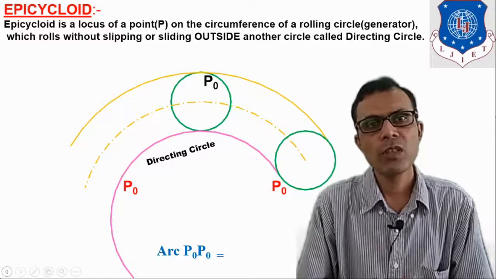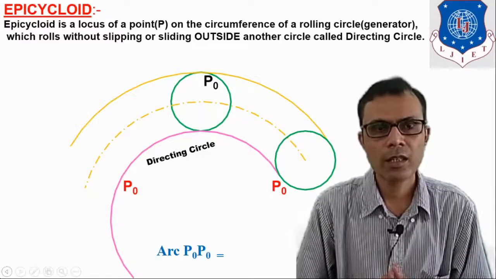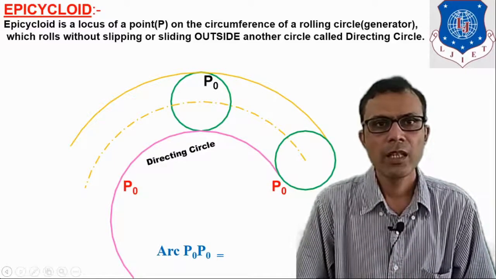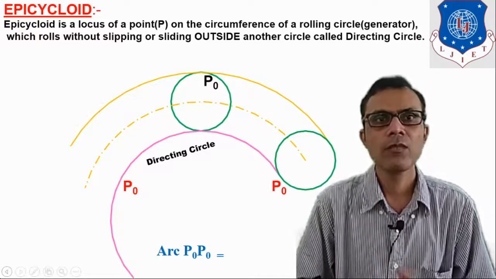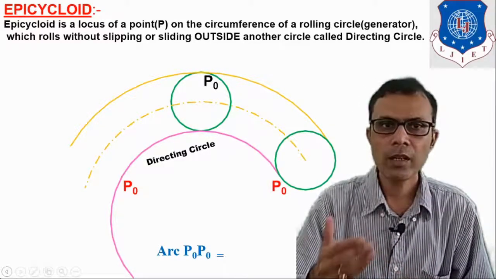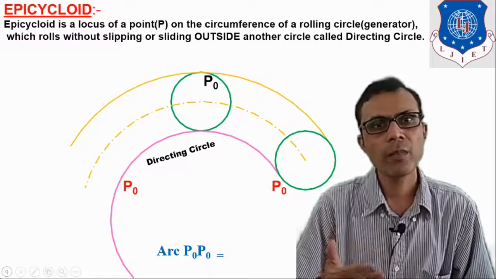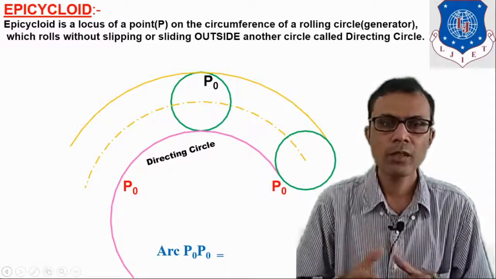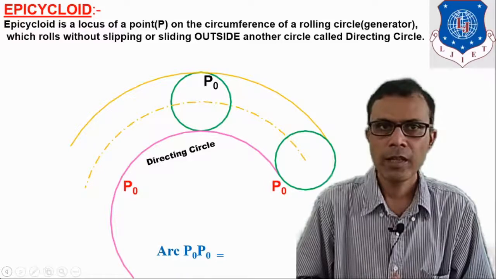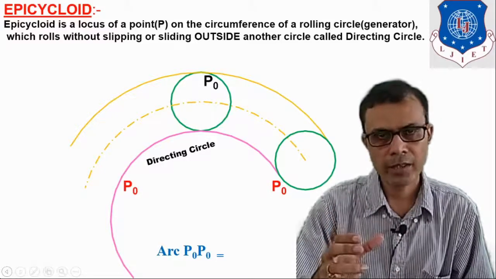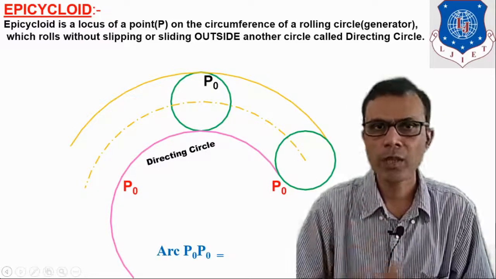So first of all, what is epicycloid? It is defined as a curve generated by a point on the circumference of a rolling circle which rolls on another circle, outside of it, for one complete rotation. Here there is one directing circle, or generating circle, whose diameter or radius is comparatively larger, and there is one rolling circle.